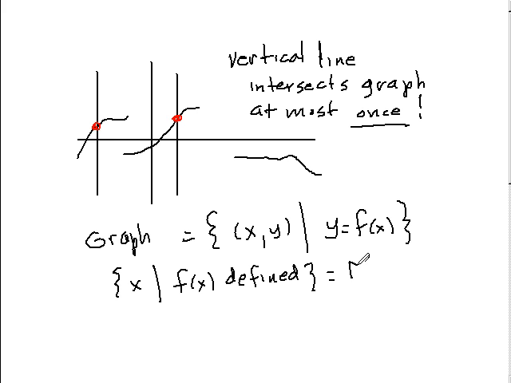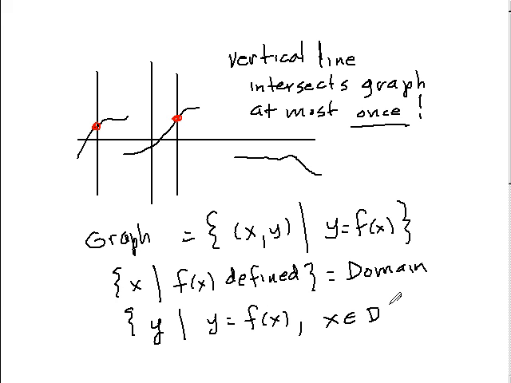And the image, the set of all points y such that y equals f of x for x in the domain, is called the range. So this is the domain, and this is the range. We often write that the range is just f of the domain. That means you take a point in the domain, it gives you a point in the range.